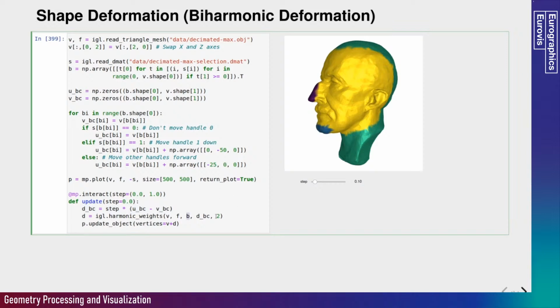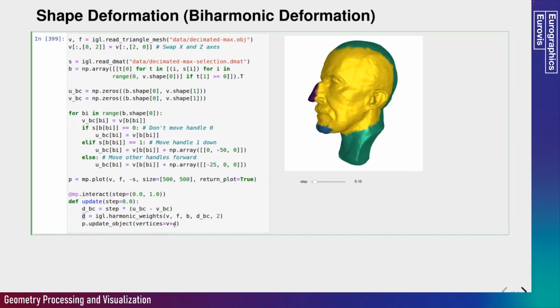And for the degree of the harmonic weight functions, we choose the degree 2, as this is biharmonic deformation. Choosing degree 1 doesn't change much though in this animation. Once we calculated this smooth deformation field, which we get back here from the function harmonic weights as d, we can update our vertices by just adding the deformation information on top of our vertex positions.